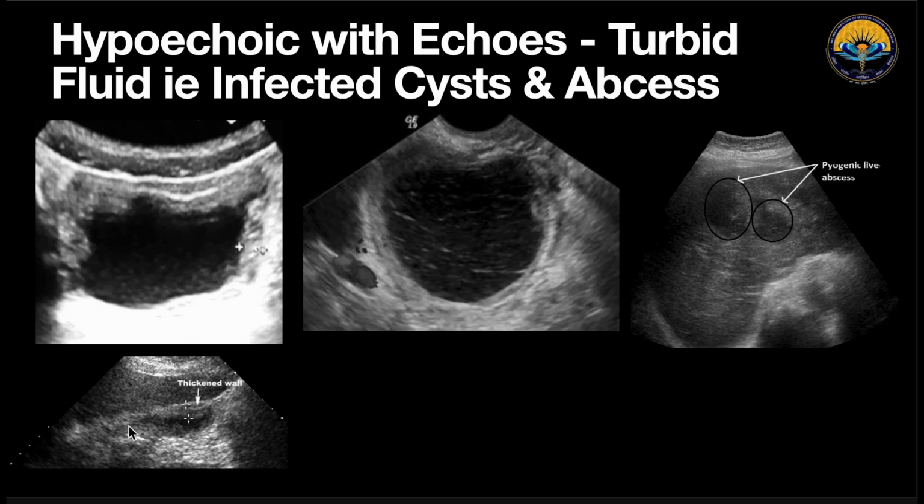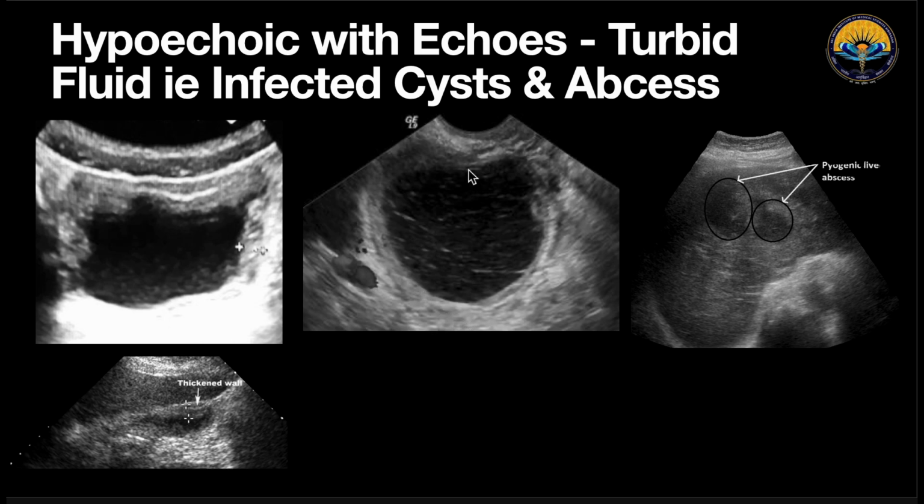So this patient probably has cystitis. And coming to this image, this was the liver and this was the gallbladder, and here we can see thickening of the gallbladder wall, and there is some echo seen within the gallbladder, that is probably suspicious for cholecystitis. So this patient probably has cystitis, this patient probably has cholecystitis. That is, the bladder is infected, the gallbladder is infected.